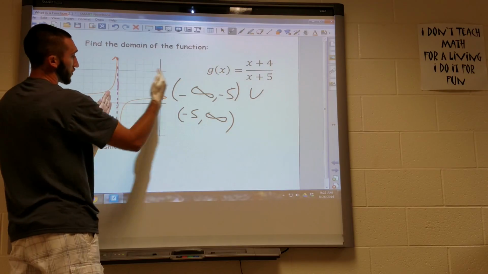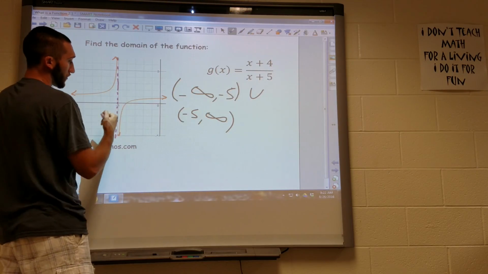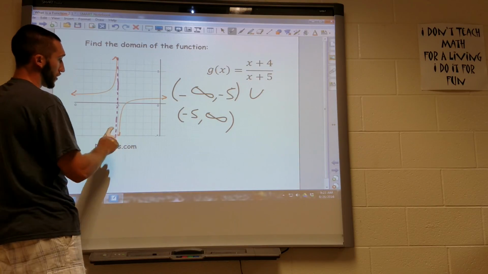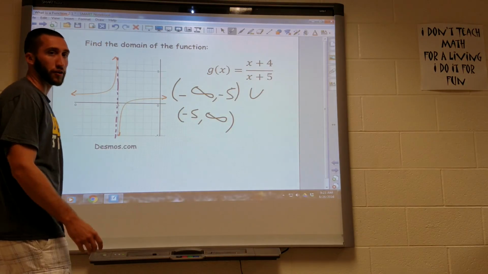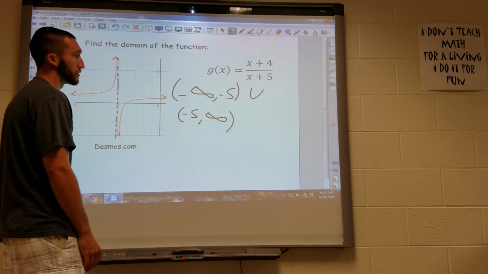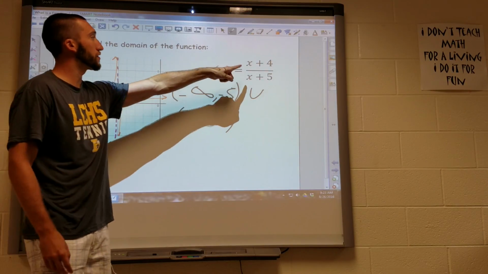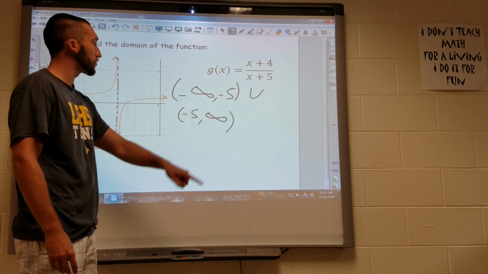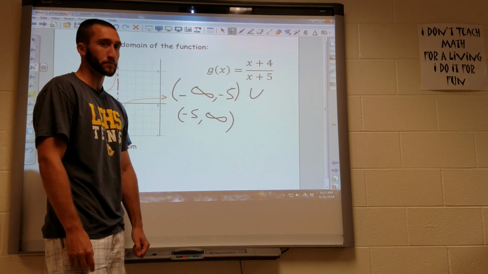Right? There's the right-hand side of negative 5. And all of those values are fine as long as I do not plug negative 5 into my function. So I can't plug negative 5 into my function, but I can go and pick any number greater than negative 5, and my function will hold. So domain of this function, negative infinity to negative 5, joined with negative 5 to infinity.